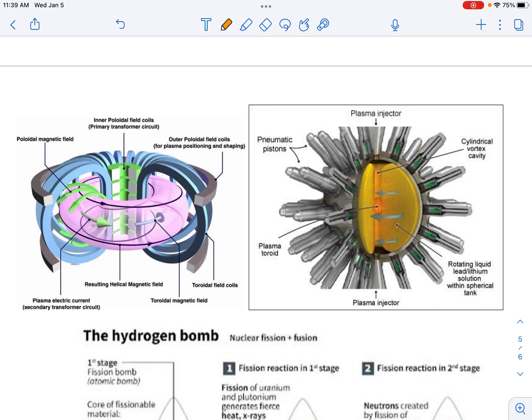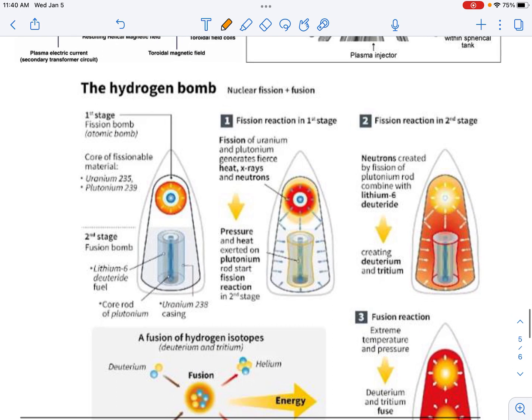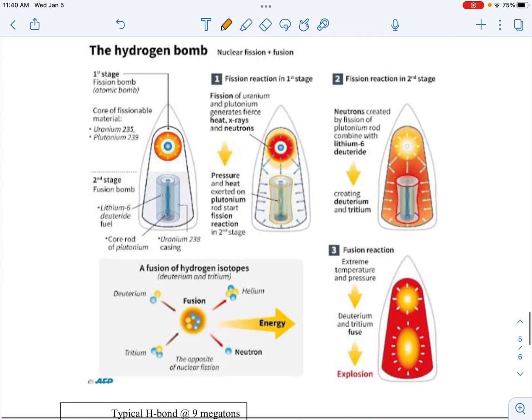We have fusion reactors that work, but it takes so much energy to get it started and safely contain it that we don't actually make any energy on the backside out of it. So in other words, it takes more energy to do the process than we get out of it, so it's not efficient. If we're not worried about controlling it, then you're talking about what's called a hydrogen bomb.